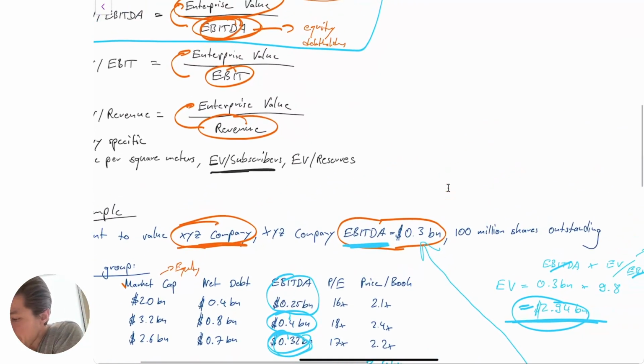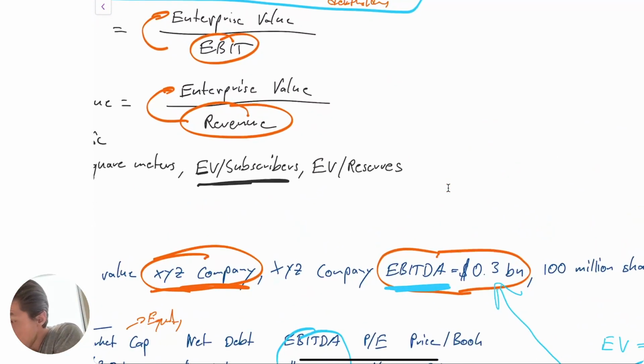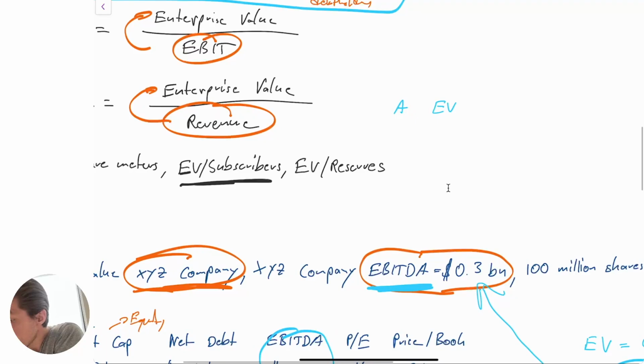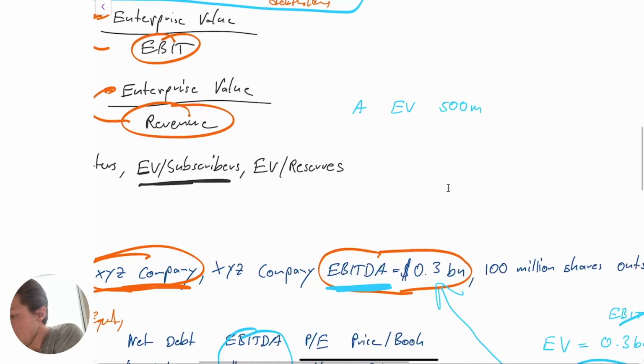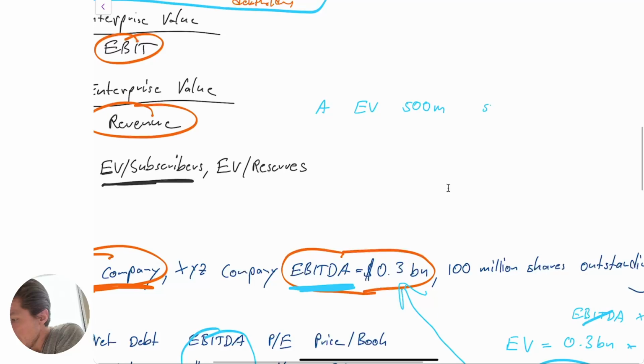Same if I want to do EV over subscribers. Let's say one peer group company A has an enterprise value of 500 million and has subscribers of 100, just making this up: 100 subscribers lead to 500 million.